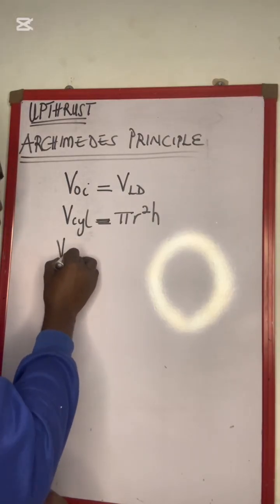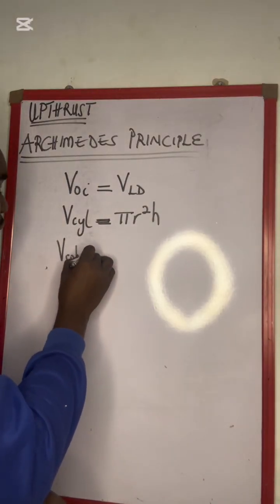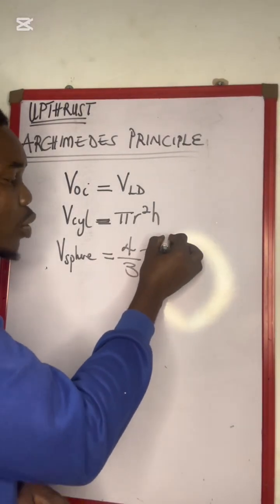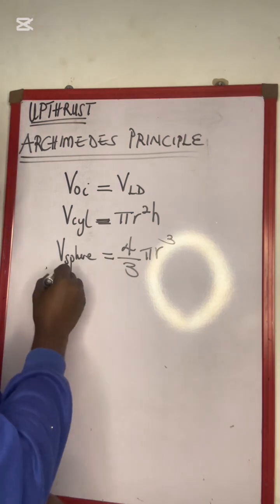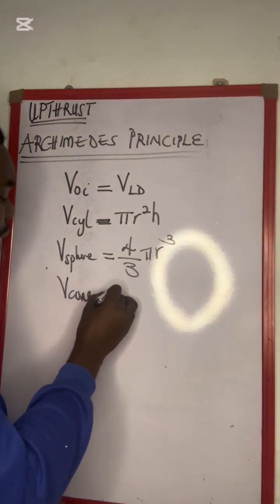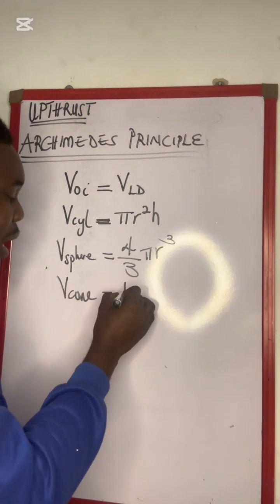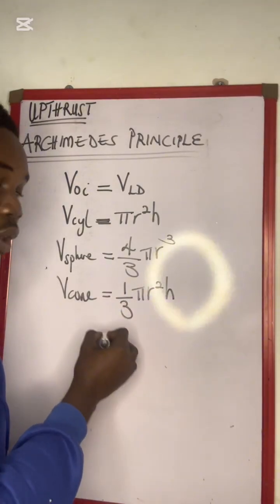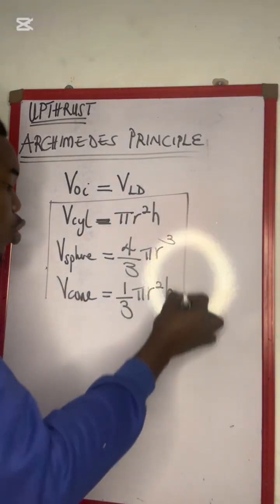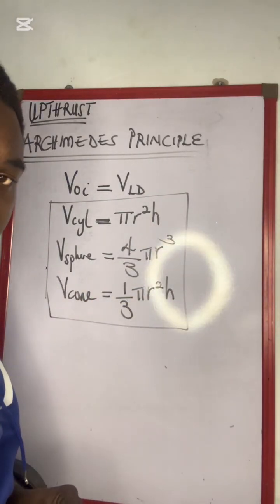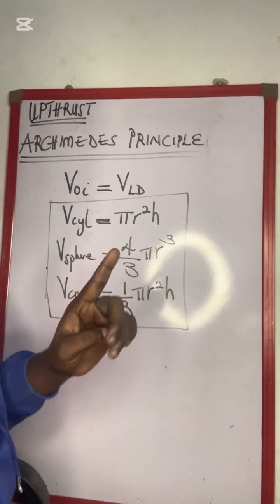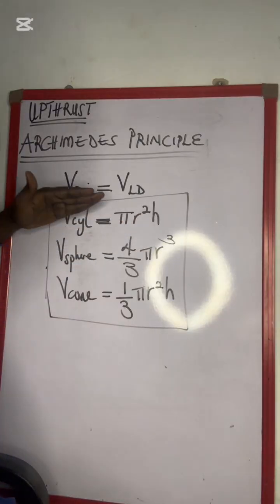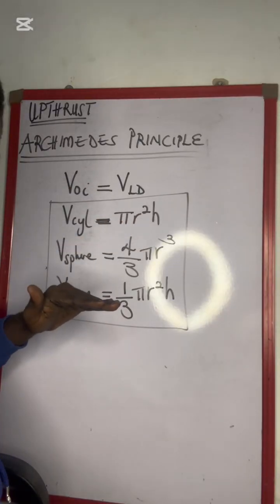We must know the volume of a sphere, which is 4 over 3 pi r cubed. We must know the volume of a cone, which is 1 over 3 pi r squared h. These three volumes you should put in your memory because when asked to find volumes of liquid or objects immersed in water, we must use these when solving.